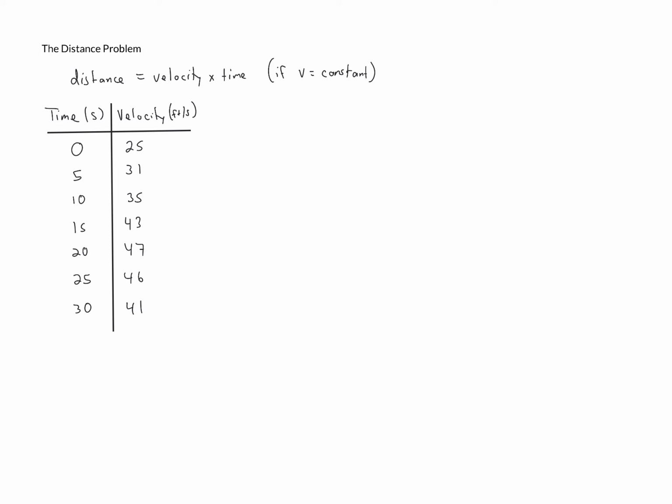Now, what we can do is make estimates very similarly to the area problem, when we were estimating the area in one of those strips by using a rectangle. So here, if we look at the interval from 0 to 5 seconds, we know that's a 5-second interval, we could just take either 25 or 31 as the velocity and say, well, let's estimate and just say that was the velocity for the whole interval.